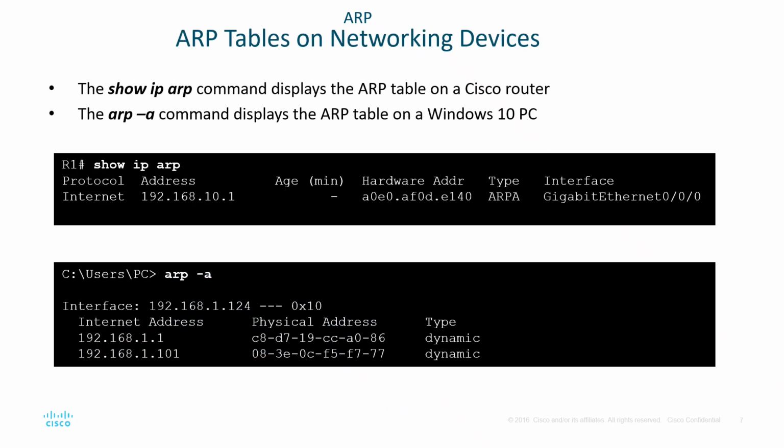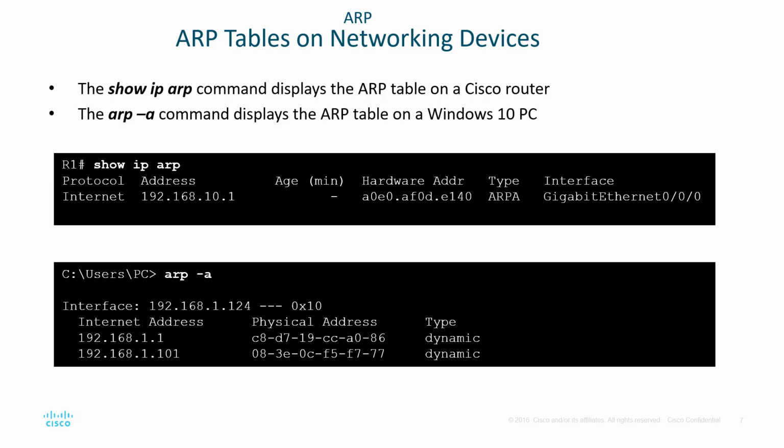So the show IP ARP command displays the ARP table on a Cisco router. And again, what you see is an IP address bound to a MAC address, and specifically to interface G0/0/0. On a PC, again, remembering when we're looking at these things, we want to know from whose perspective we are looking.